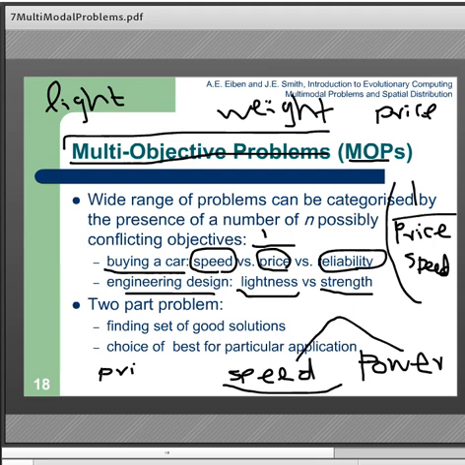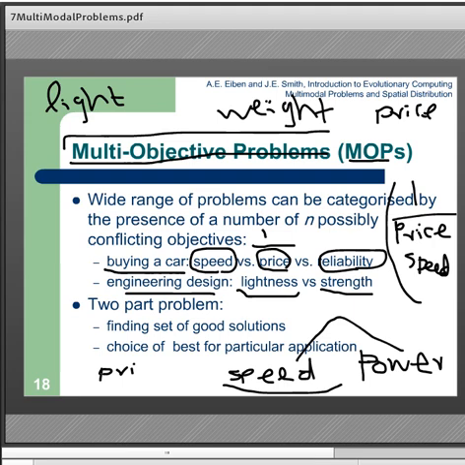These two types of fitness are opposite. So this is a multi-objective problem. A multi-objective problem refers to a problem where we have more than one fitness, but the fitness are not the same.